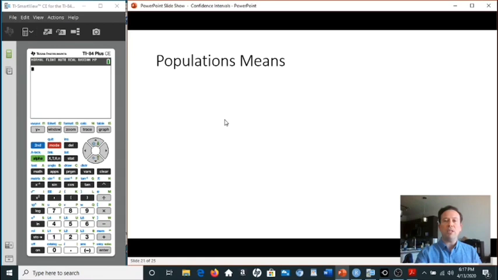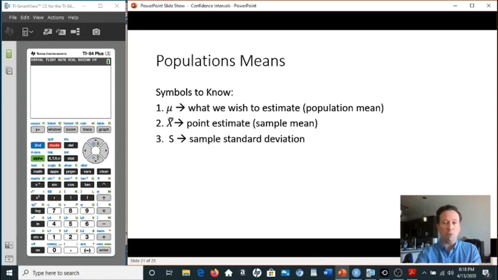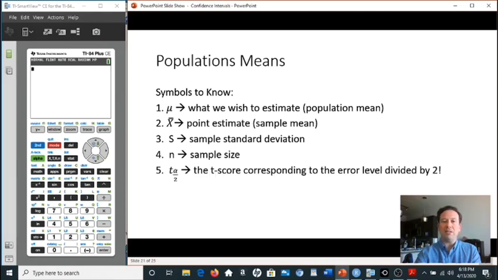All right, so continuing with confidence intervals for population means. Here are some symbols that we should be familiar with when we're talking about averages. First, remember, mu is what we really want to know, the population mean. X bar is the point estimate that we're going to use for that from our sample. S is the sample standard deviation, because we're not going to know sigma. N is the sample size.